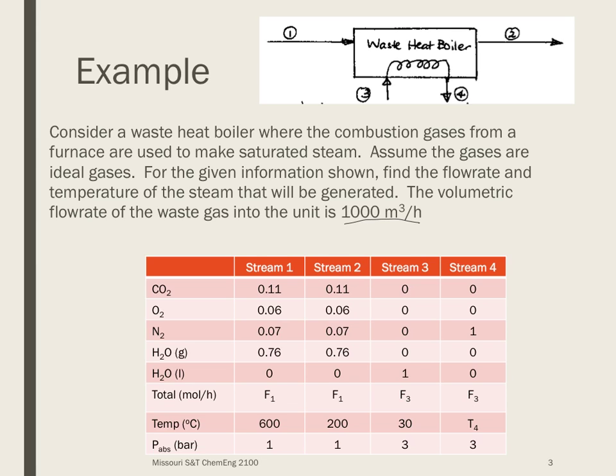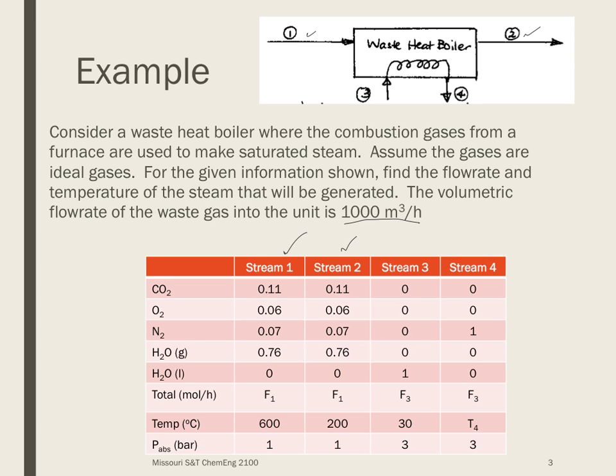What we have given is the compositions of stream 1 and stream 2. Stream 1 is the feed waste gas, and it's going to come out with the same composition. So 1 and 2 have the same composition and the same flow rate, F1.